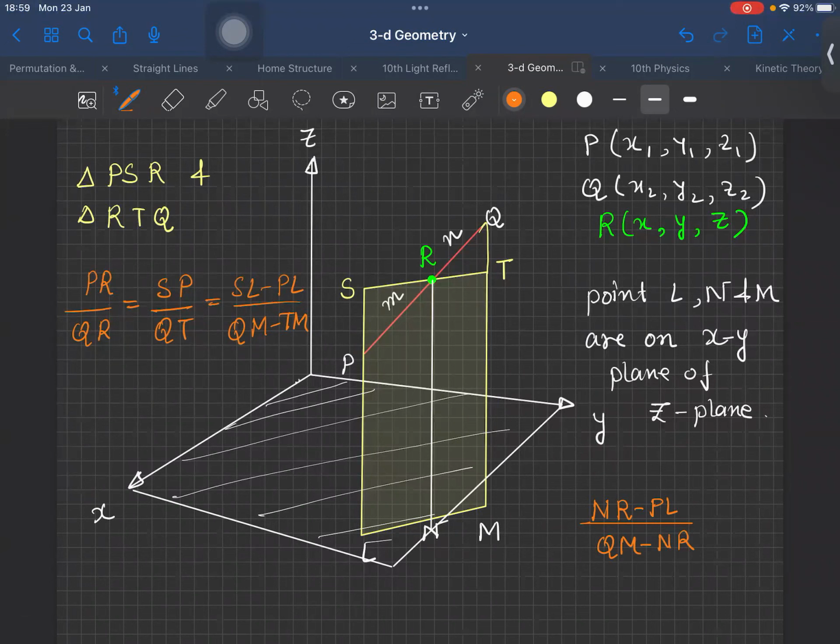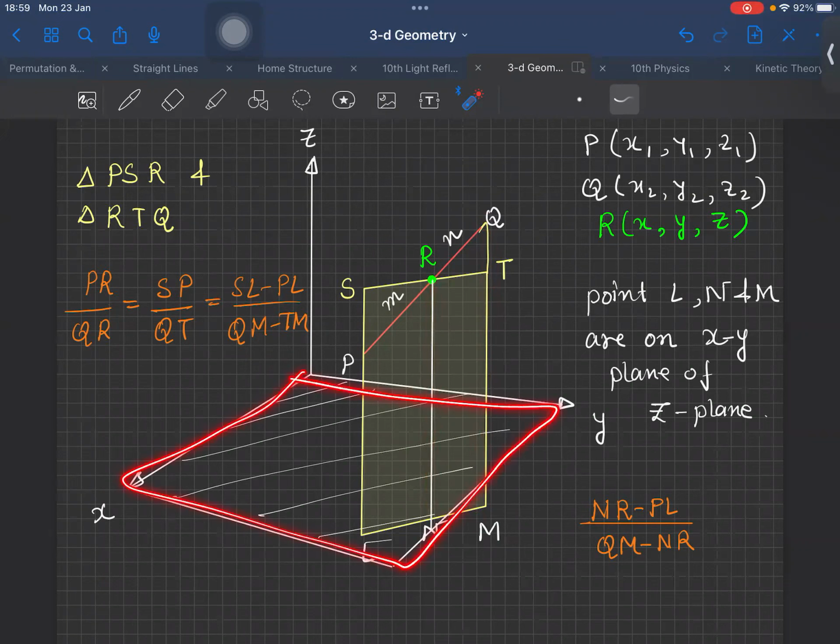Which one is QN? This one, QM, minus NR. Which one is NR? This one. We are measuring from this plane, taking all the dimensions on this plane as reference, because here z is equal to 0, and right now we are talking in the positive z direction, so here z is increasing.